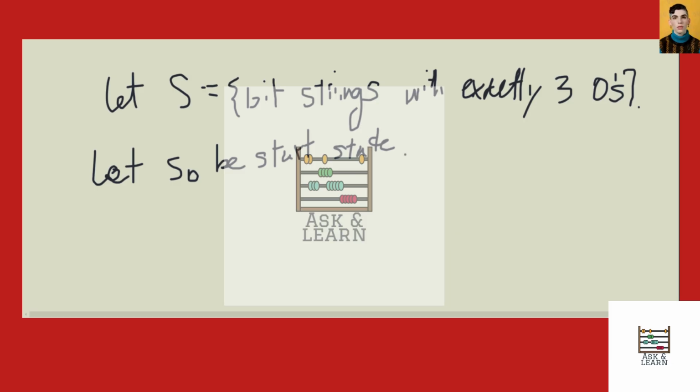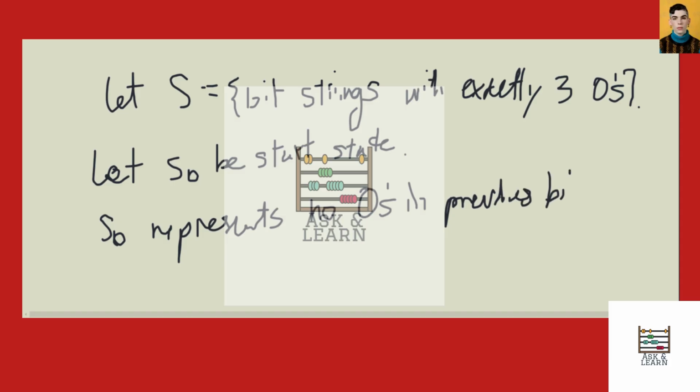So S0 represents that there were no zeros in the previous bits. So for example, if we're just starting out, we don't have any previous bits. And so it follows that there are no zeros in the previous bits because there are no previous bits.